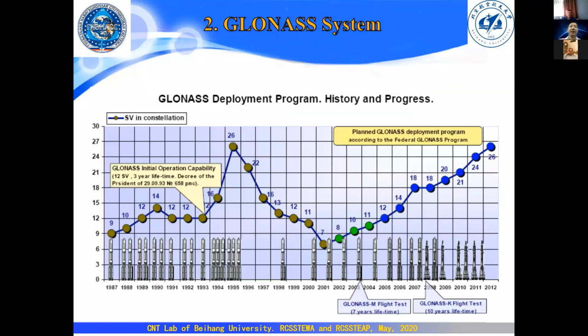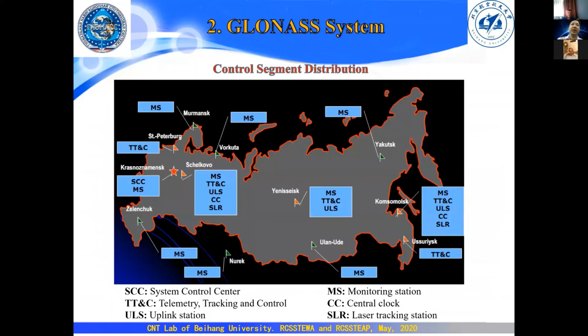Okay, this picture shows you how many satellites are in the sky, and this is 9 and 26, and then no money, and then it decreased to 7, and then increased again. So this is the history and progress of the GLONASS system, and also the GLONASS control stations are distributed over all the Russian national land. Because Russia is very big, they have lots of land to place the monitoring stations.